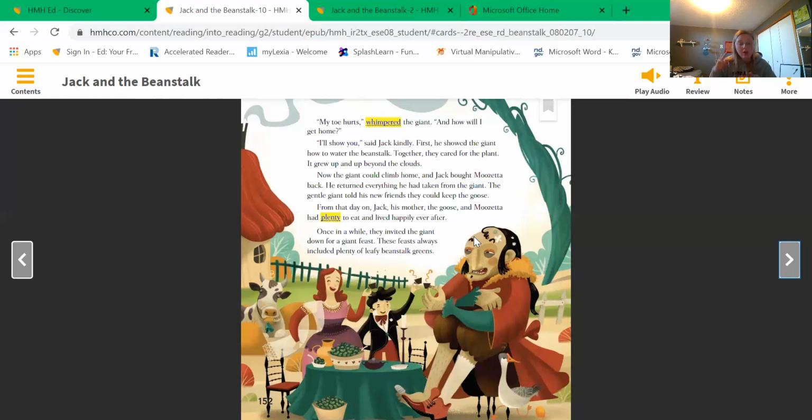So learning how kind the giant is and friendly and caring, this shows us that the conflict of being poor and not having enough to eat was resolved by getting the goose and by the kindness of the giant.